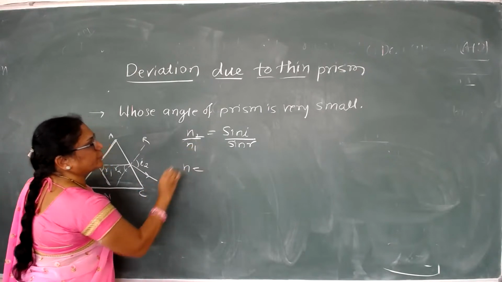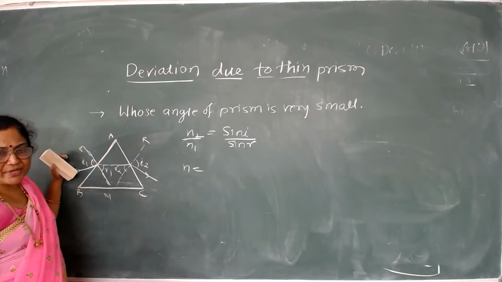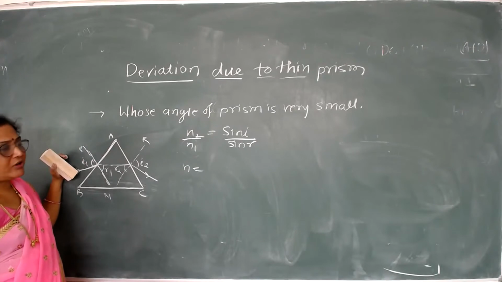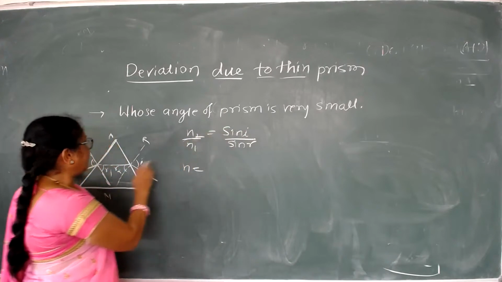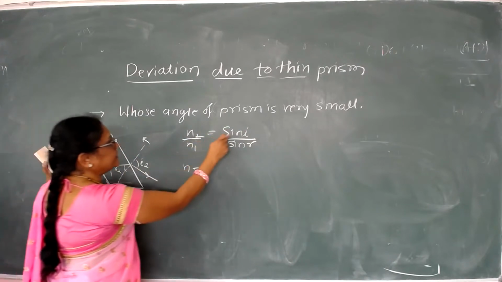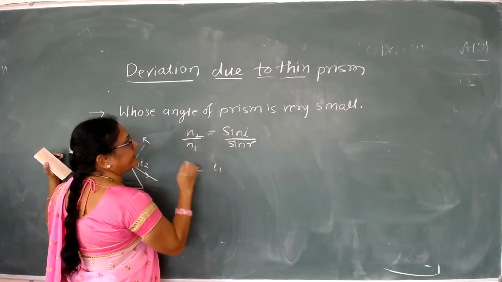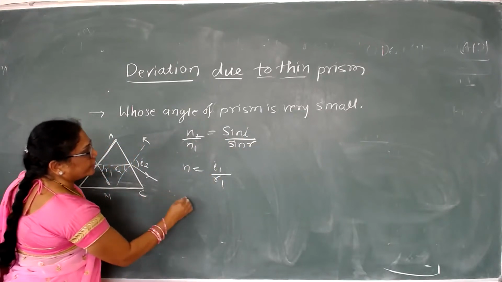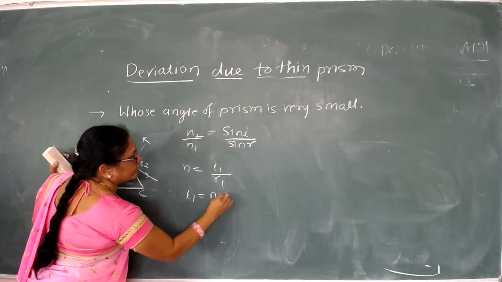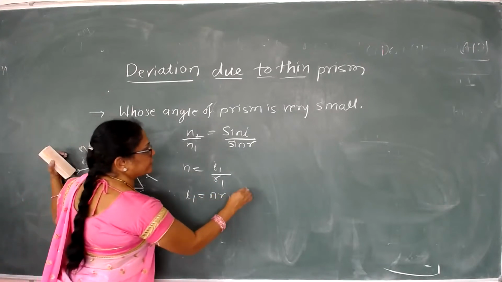Therefore, n is equal to sin i by sin r. If this is a very thin prism and the angle is very small, we consider sin i is nearly equal to i. For the first surface, the incident angle is I1 and the refracted angle is R1. Therefore, I1 is equal to n into R1. Suppose this is equation number 1.